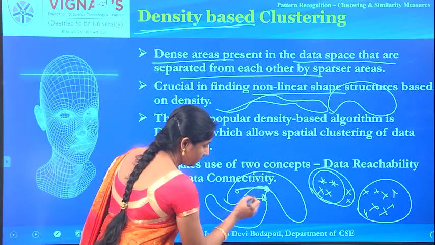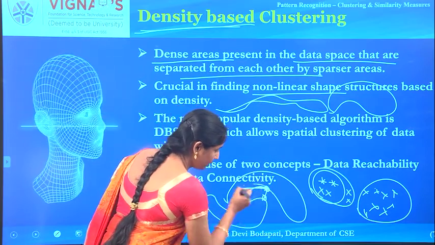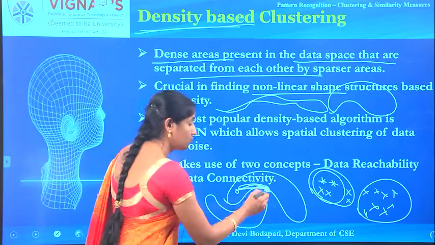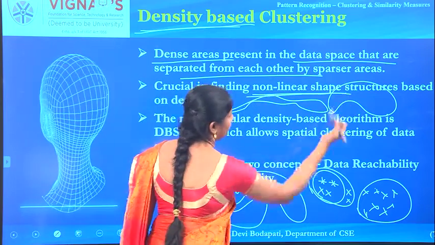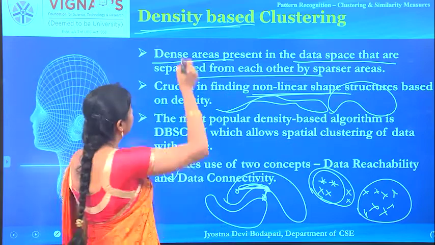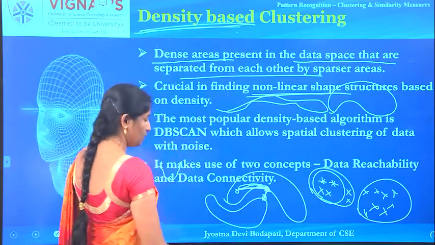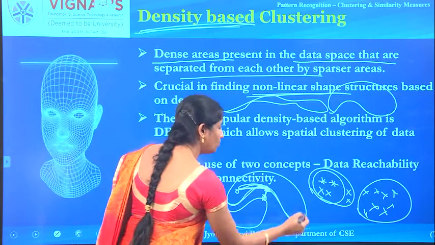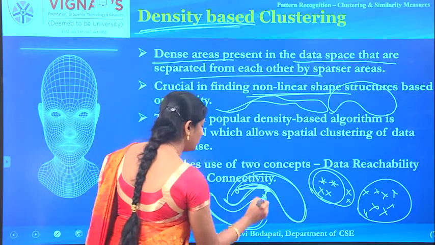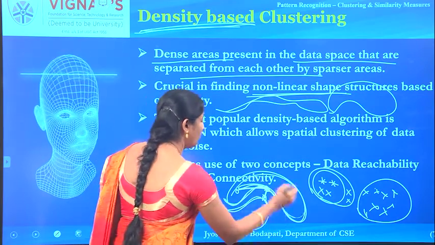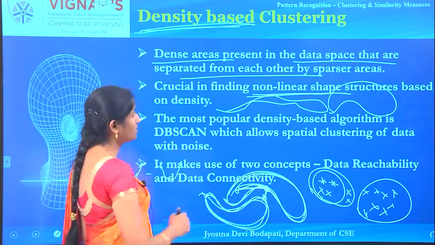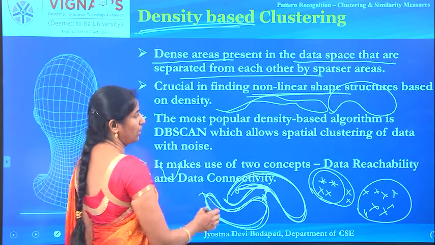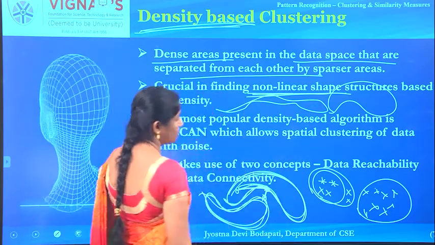That kind of non-linear shape can be formed with the help of density based clustering, so that this region is more dense when compared to this region. That is how this is formed as a cluster and this is formed as another cluster. Density based clustering algorithms result in non-linear shapes.